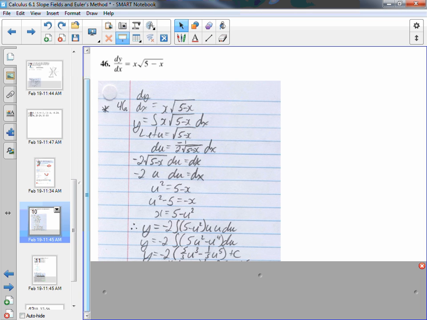Divide by 5, negative 1/5 u to the 5th, plus c, and we're done. Yeah, we're not done. We need to replace u with the square root of 5 minus x. And shall we distribute that negative 2? Either way, I did.